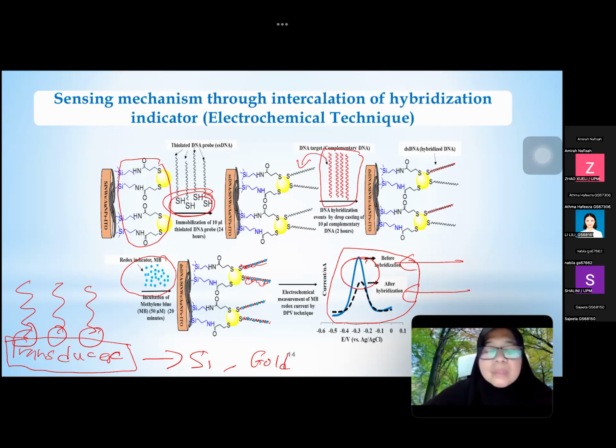Even though it's not important for us to know which serotype of dengue is infecting us, sometimes the percentage is also very important. But this is not something that I want to discuss here. So this is an example using electrochemical technique. I'm just giving an example because you haven't learned about electrochemical technique yet, but this is the whole process. I hope that you can go through it.